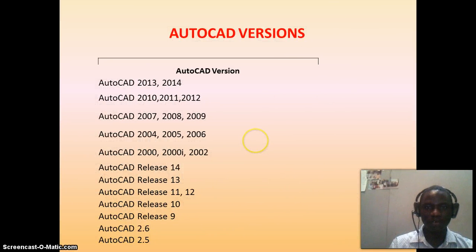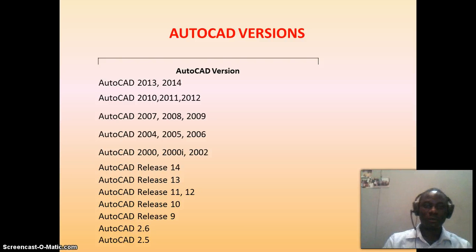Now we have several versions of AutoCAD. Like we have AutoCAD 2014, as I'm talking, it is the latest version. We have 2010, 2011. We have version 2004, 2005, 2006. Now you discover that these versions are grouped.